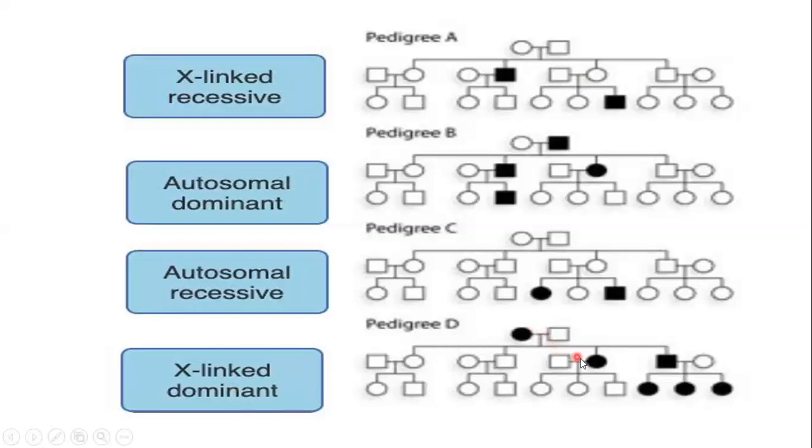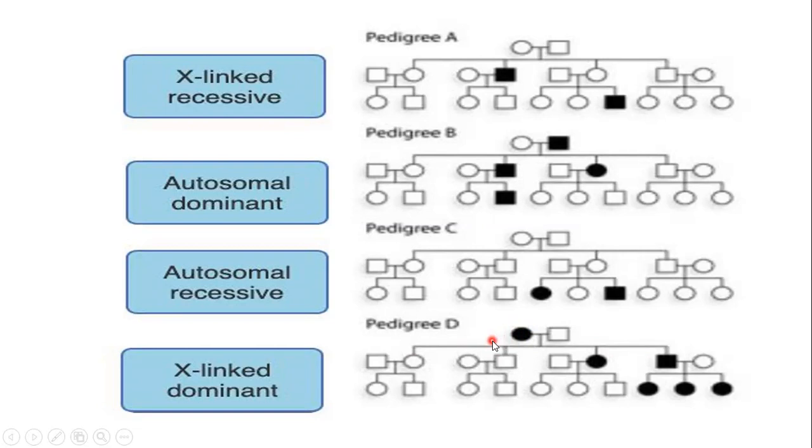Last is the X-linked dominant pedigree. Each generation shows the disease, and in the first generation, a female is affected with the dominant disorder. She further affects her daughter and son, while her other son and daughter are normal. So it means that female is present in heterozygous condition because she has two X chromosomes.